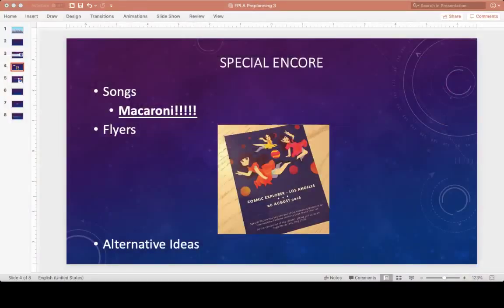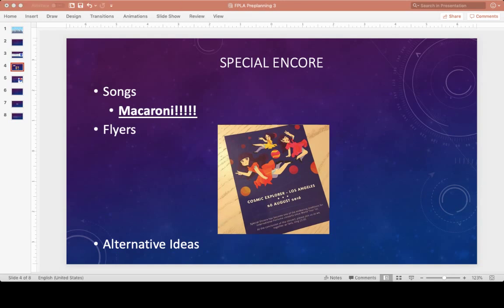Macaroni. And also we have a little addendum here. Do you guys have any alternate ideas for special encore? We were kind of thinking about it for Cosmic Explorer. I think Ray, if you guys remember him, came up with what we called Operation Bluefield, and everybody would have these blue wallpapers that were created by Max, I think, right? He created a couple of them. I did.